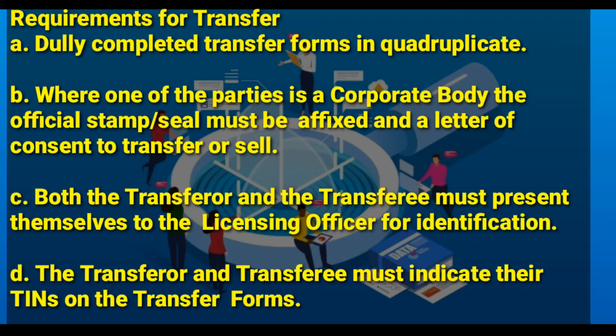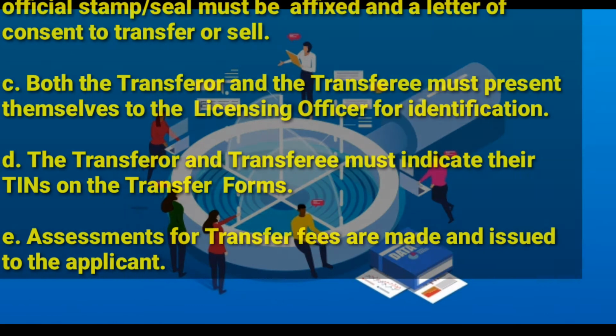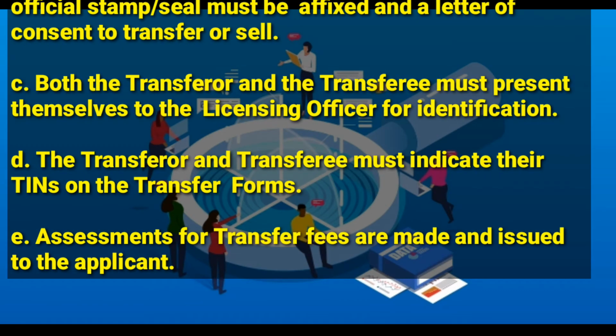Then both the transferor and the transferee must present themselves to the licensing officer for identification. And the transferor and the transferee must indicate their tax identification numbers on the transfer forms. Then lastly, assessments for transfer fees are made and issued to the applicant. So those are the requirements for transfer of a motor vehicle.